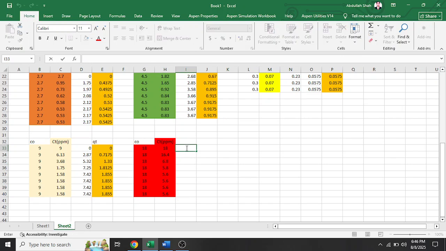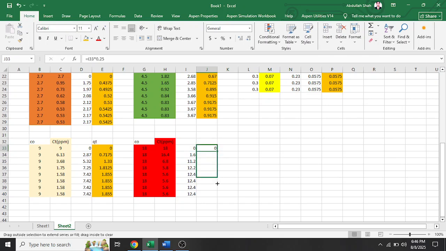C naught minus Ct, multiplied by the volume of solution, which is 0.25, divided by 1. So we will get this one. So this is the fifth experiment Qt.